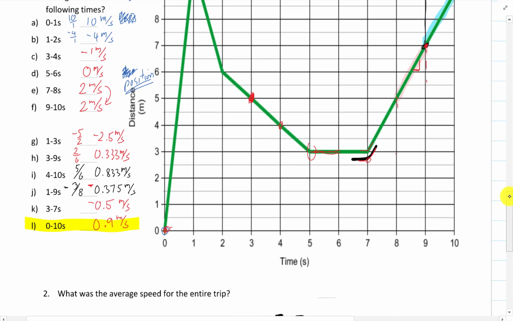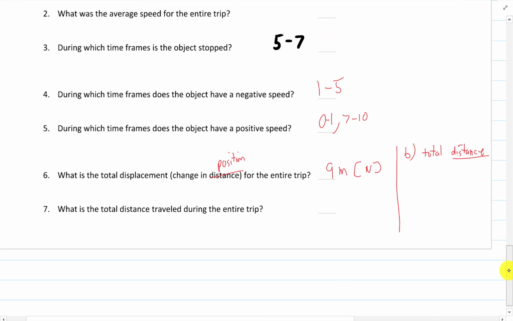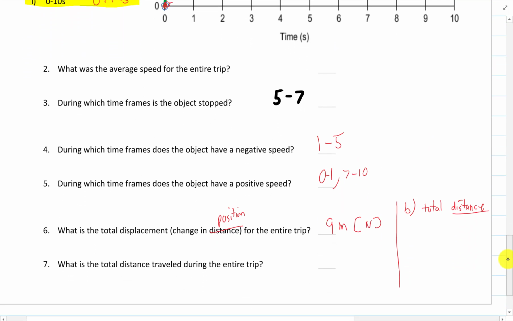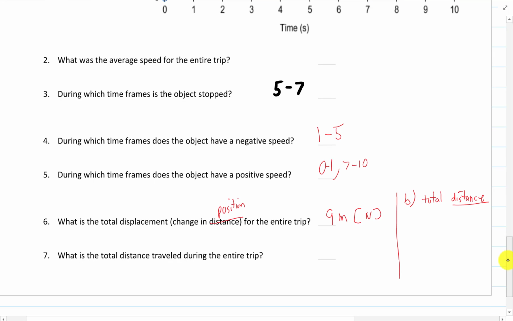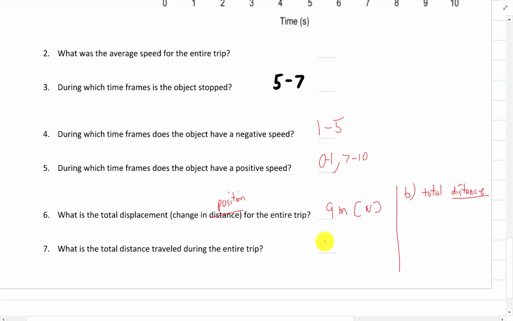The total distance. Oh, question 7 is that. Oh, okay, good. I'm reading again the other one. My bad. Number 7. So what is the total distance? 23 meters.